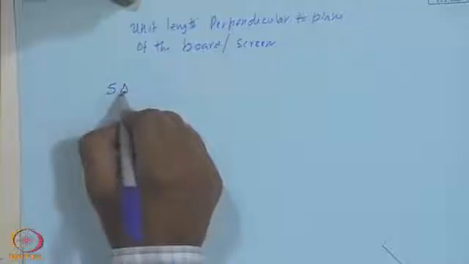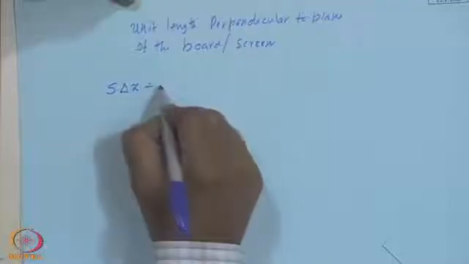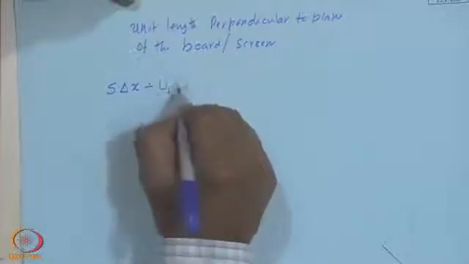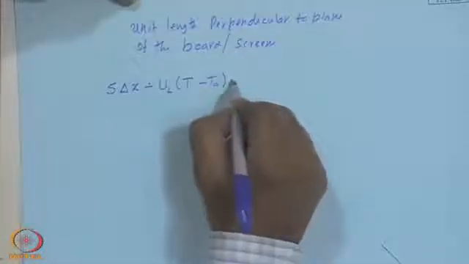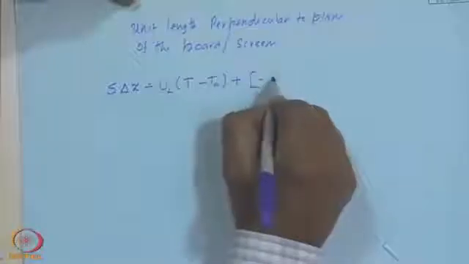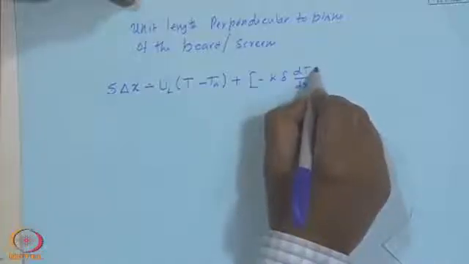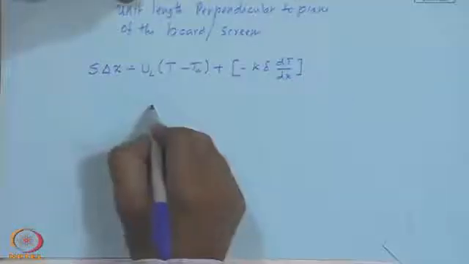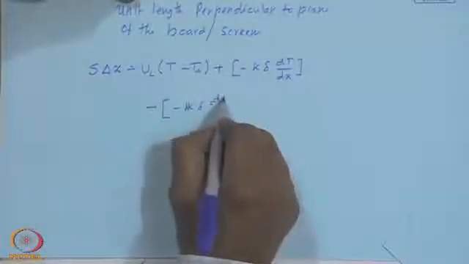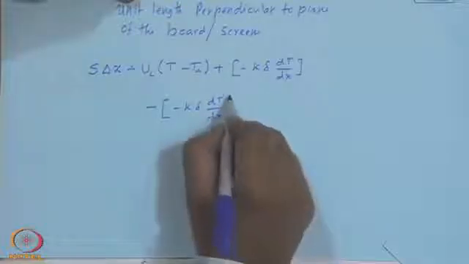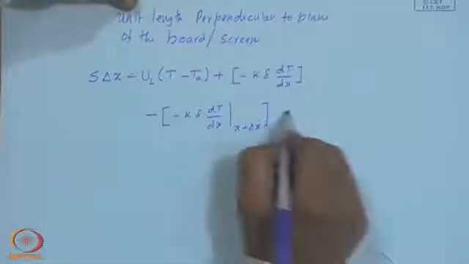So, S into delta x enters, plus minus U L into T minus T a leaves, plus minus k delta dT/dx enters, and then leaves minus k delta dT/dx at x plus delta x. This should be equal to 0.